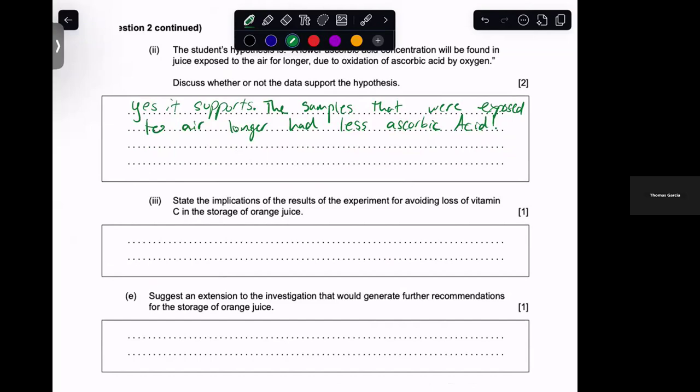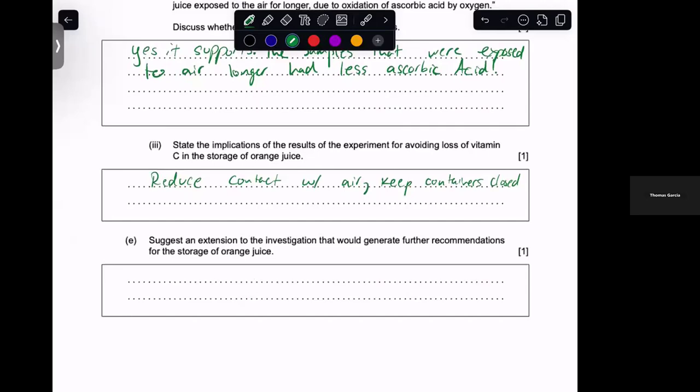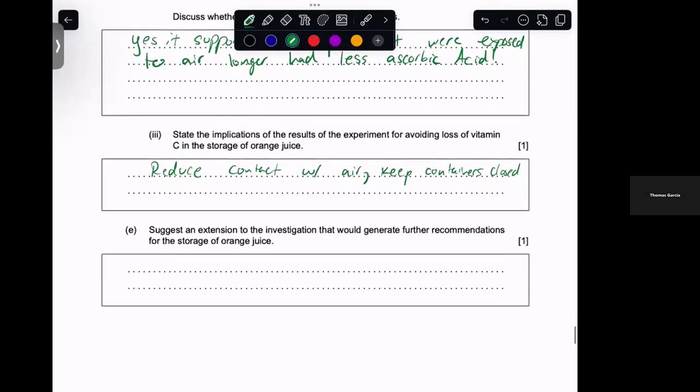All right, state the implications of the results of the experiment for avoiding loss of vitamin C in storage of orange juice. So this tells us that we want to reduce contact with air. Keep containers closed, etc. Suggest an extension to the investigation that would generate further recommendations for the storage.